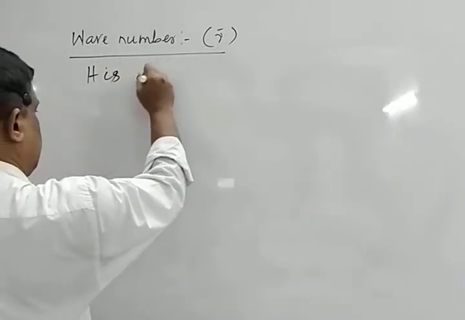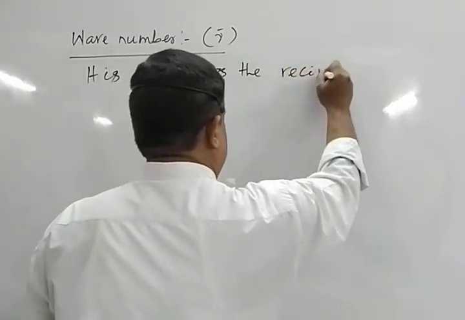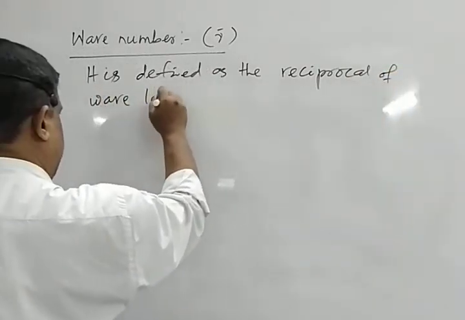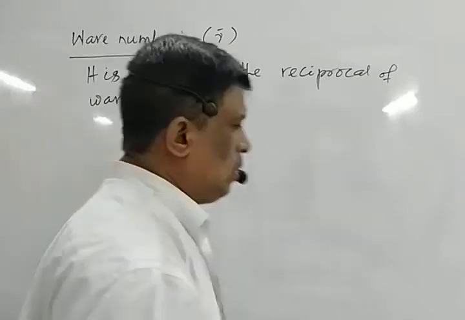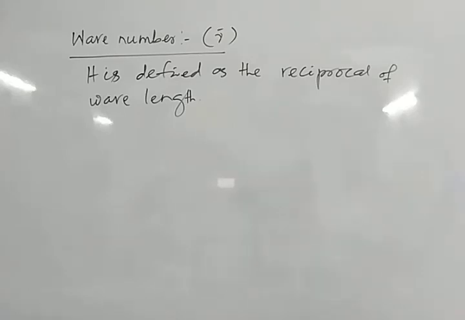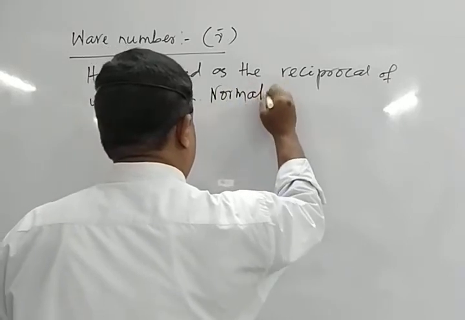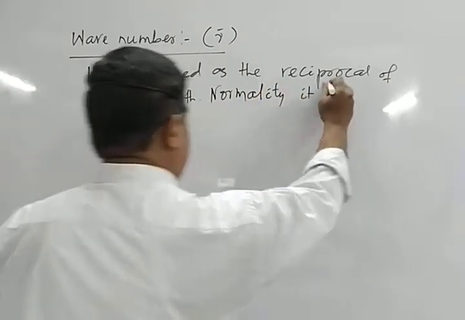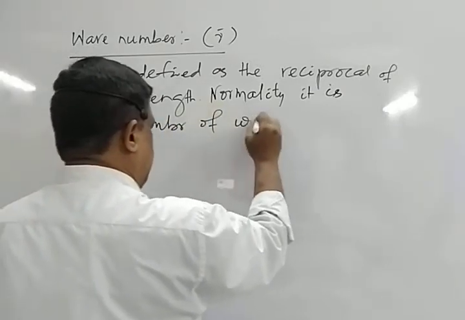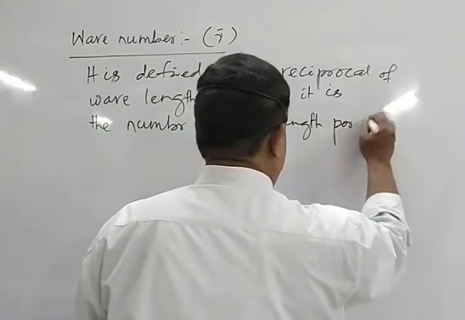It is defined as the reciprocal of wavelength, and normally it is the number of wavelengths per centimeter.